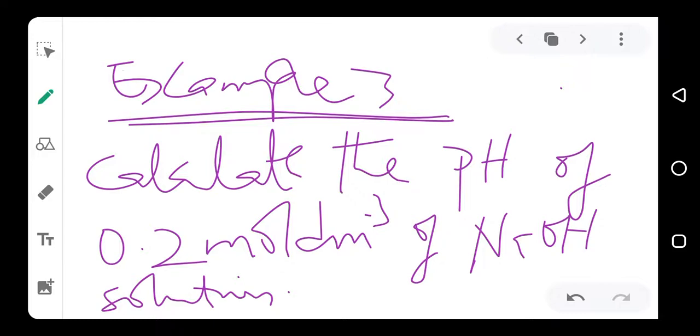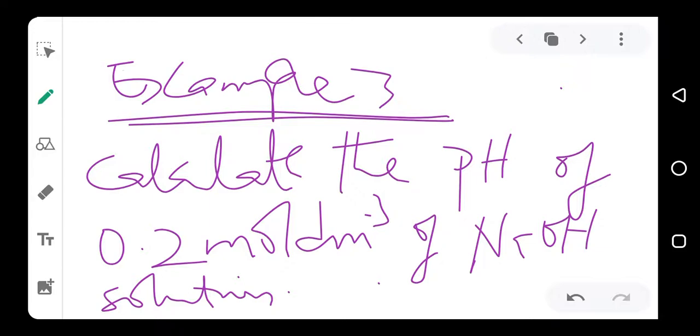And base produces hydroxy ion, while acid produces hydrogen ion. Now, we cannot calculate pH from this directly because it is a base. Instead, we calculate the pOH of this base and then use the pOH to calculate the pH.